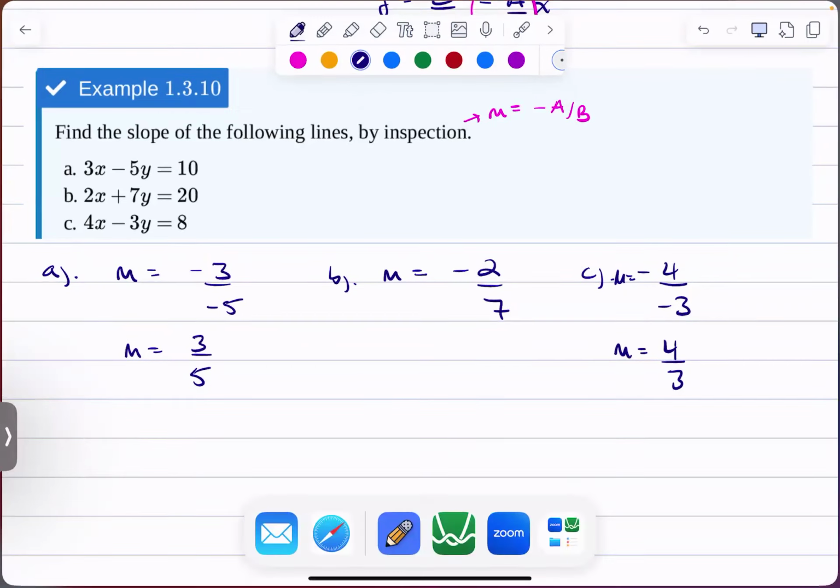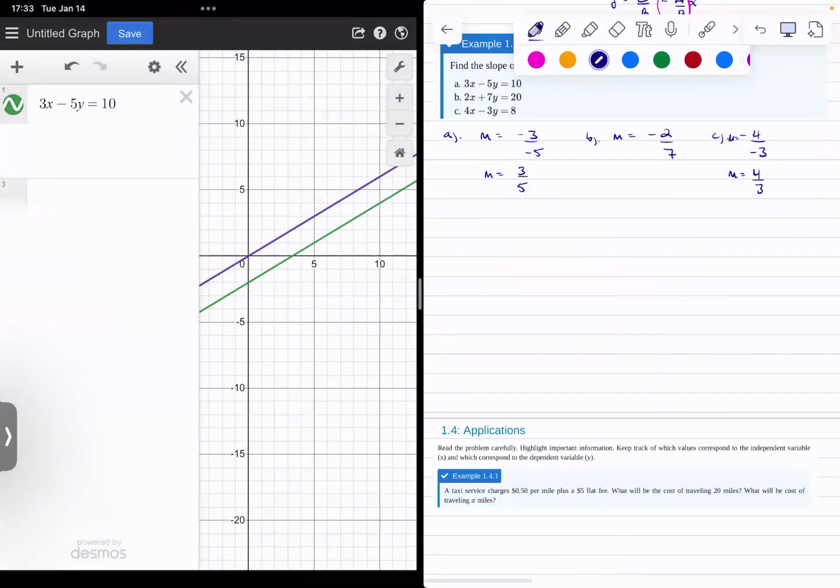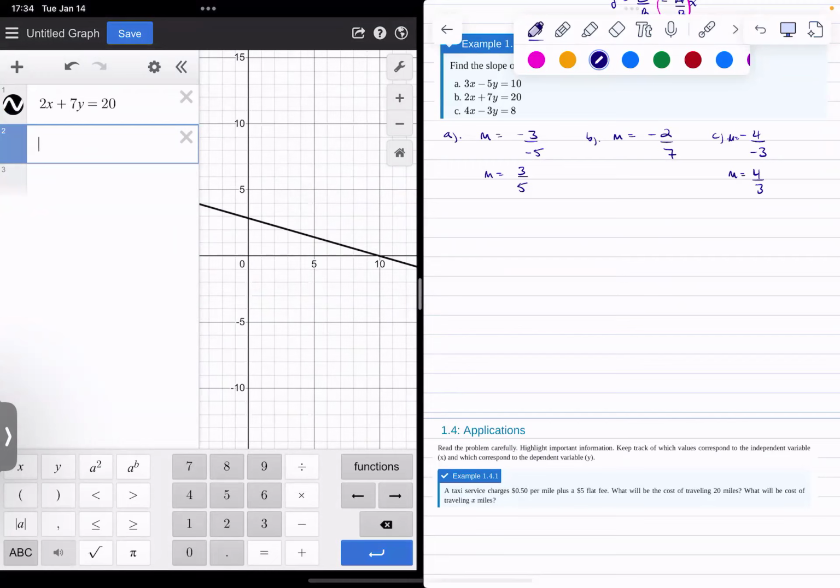I'll use Desmos to check these. I'll delete these old ones because otherwise there's going to be a lot of lines on here. 2x plus 7y is equal to 20 this time. And let's just draw a line that has a slope of negative 2 over 7 times x. Those look parallel. I'm not showing a ton of the screen, but those look parallel to me. So that's good, right?